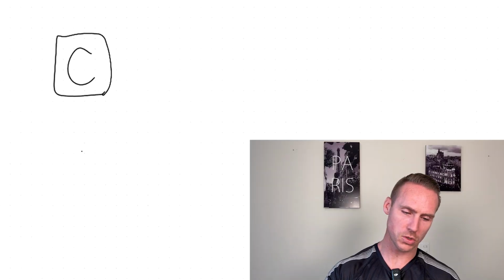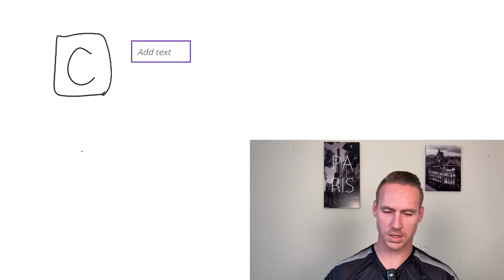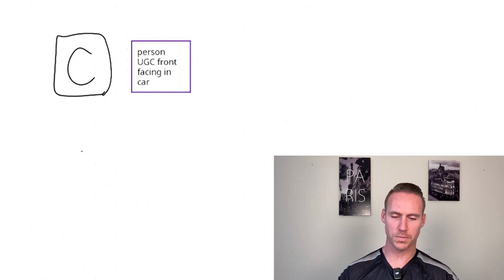I'm just giving you one scenario of the overall arching idea and how you will apply this to whatever it is you're advertising, right? So that's concept number one, let me write it out: person, UGC, front facing, in car. Okay, so that's our first one.